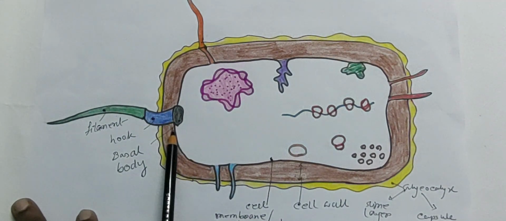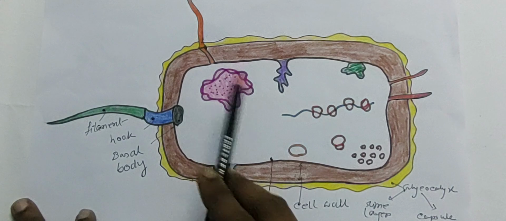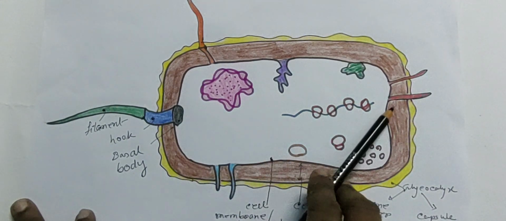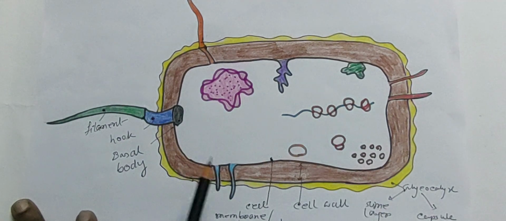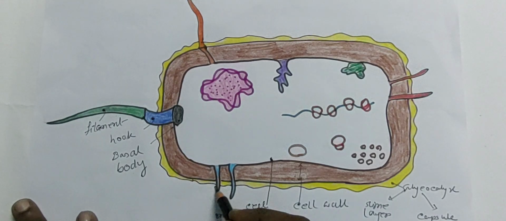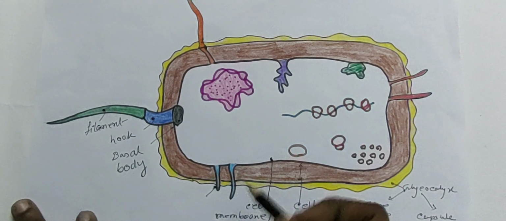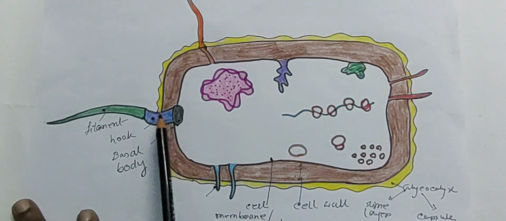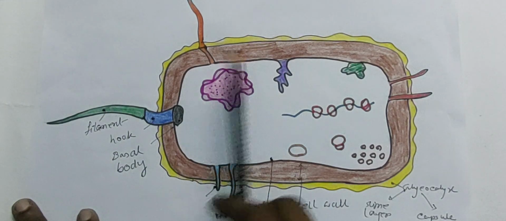They possess flagella, cilia, fimbriae and pili. Pili are very small in structure and numerous in number. Actually, flagella is the locomotory organ, along with cilia.